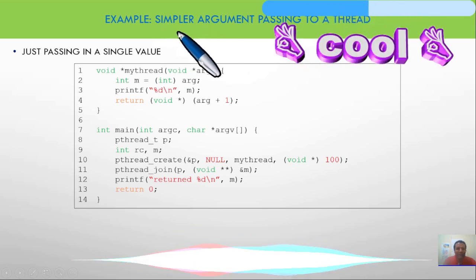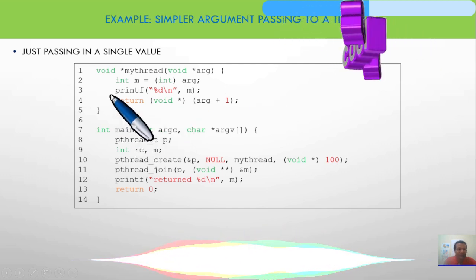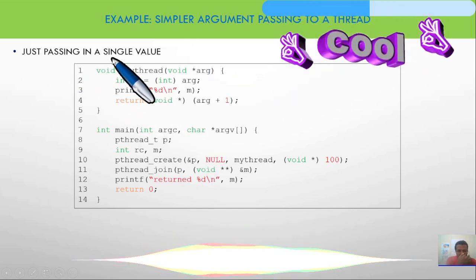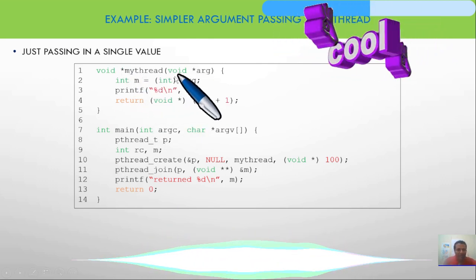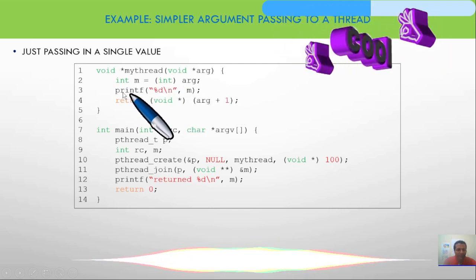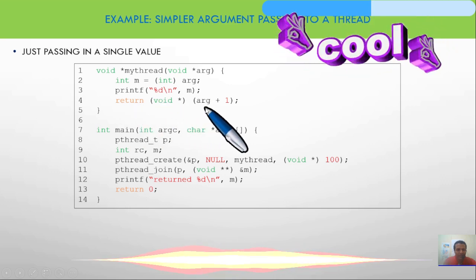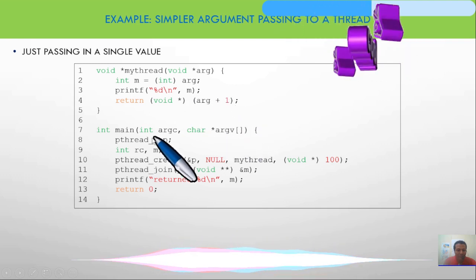Then simpler argument passing to a thread. This is another code, just passing in a single value. So this is the syntax again. We have my_thread and we have int m, integer argument, printf, then return void, the argument being whatever is given here plus 1.